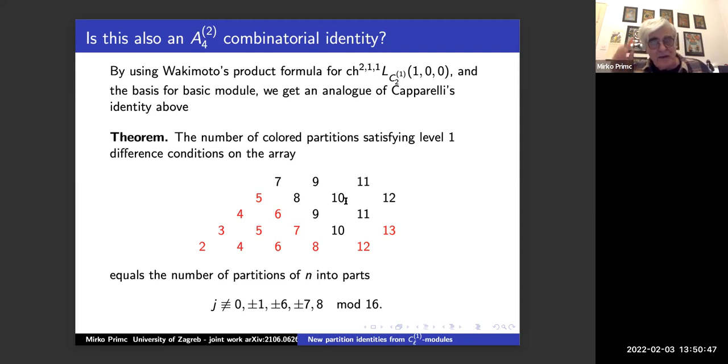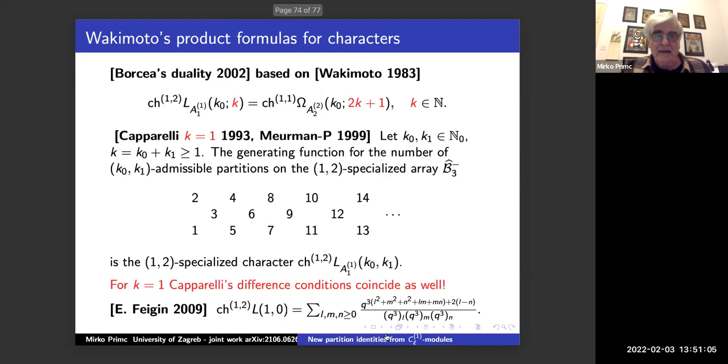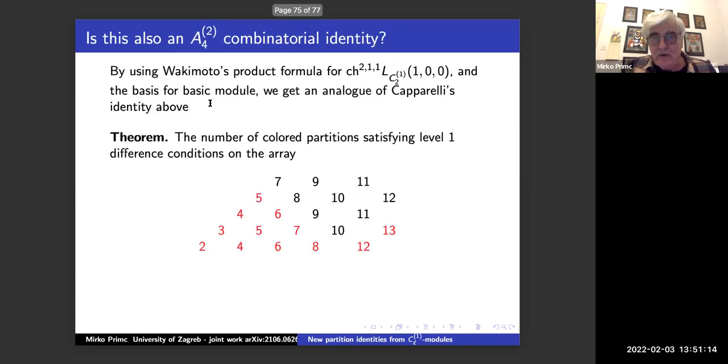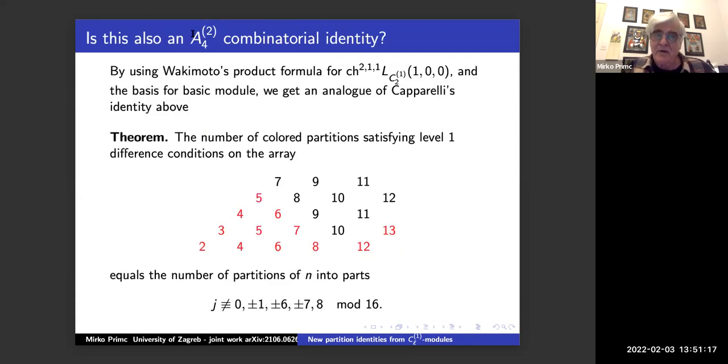But so this is a theorem that comes from specializing the conjecture 1 prime. But the question is, like here, we had characters for A_2^(2) that corresponded to characters of A_1^(1). So the question is, is this happening also for A_4^(2)?